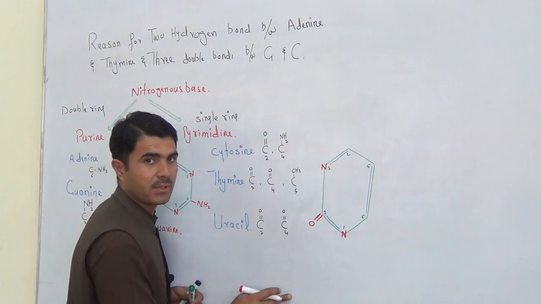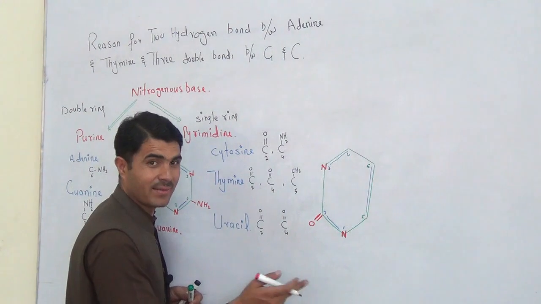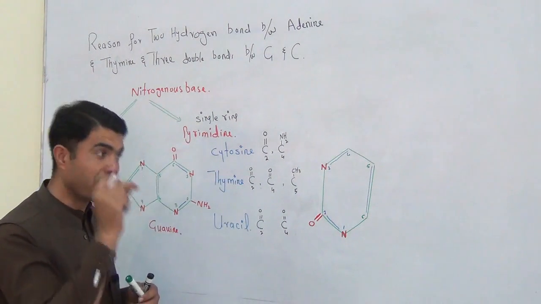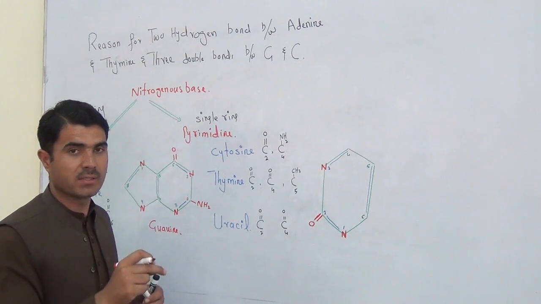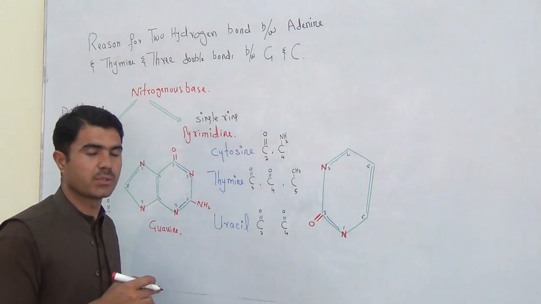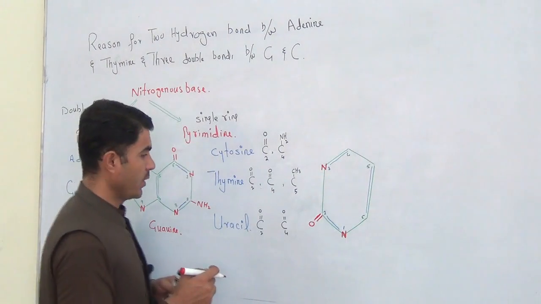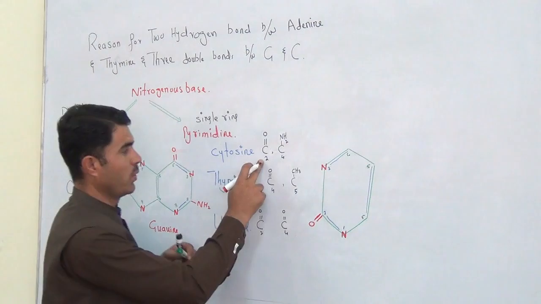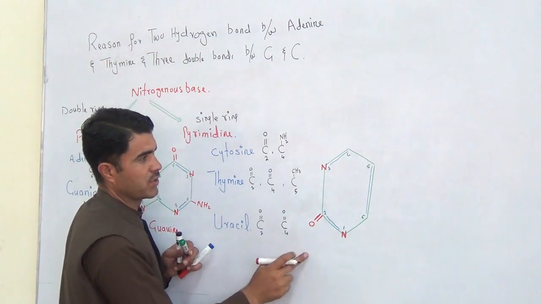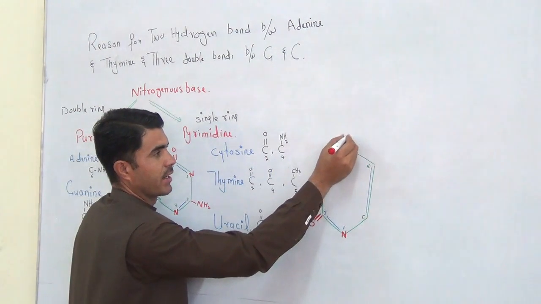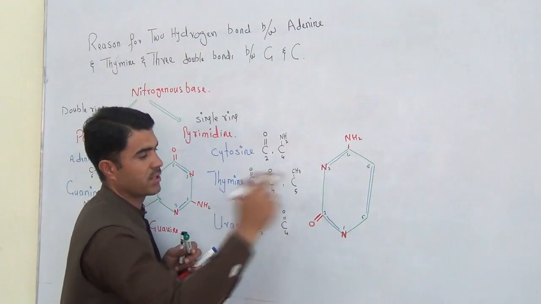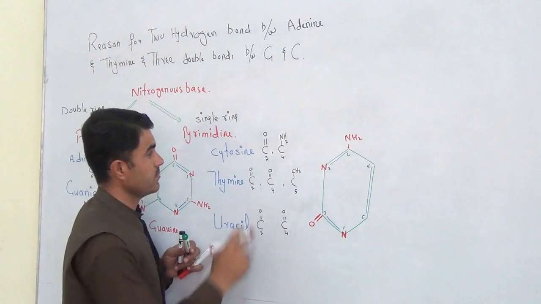If it is something else, sulfur or nitrogen, then we must mention it. Otherwise, if it is carbon, there is no need to mention it. So at C2 we have double bond O, and at C4 we have NH2. So here we will write NH2.